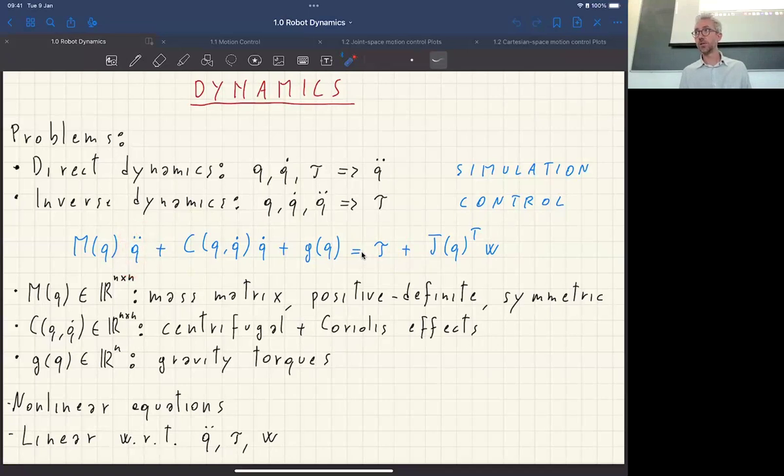It's a nonlinear equation because we have the mass matrix, which is a nonlinear function of the joint angles. We have this term here, which is nonlinear in the joint angles and the joint velocities. And we have also this term here, which is due to gravity, which is again nonlinear in joint angles.